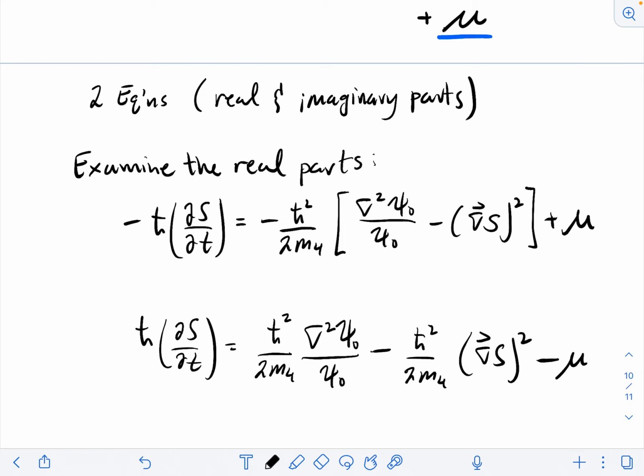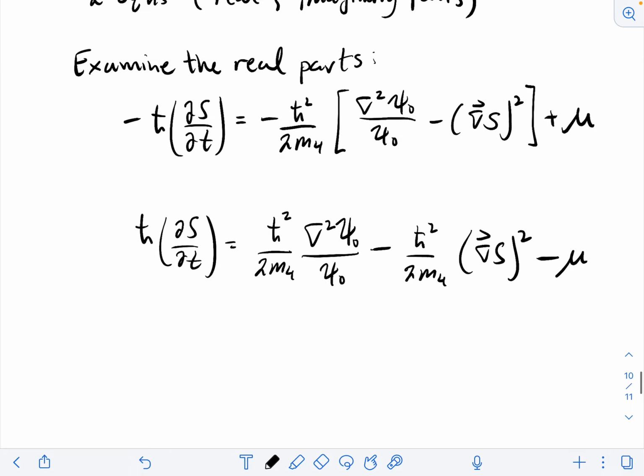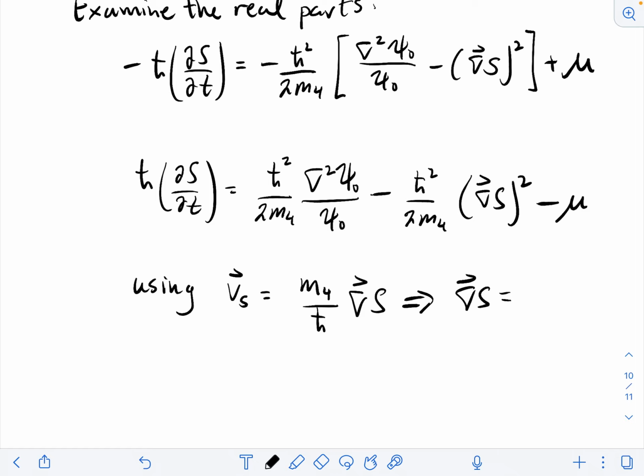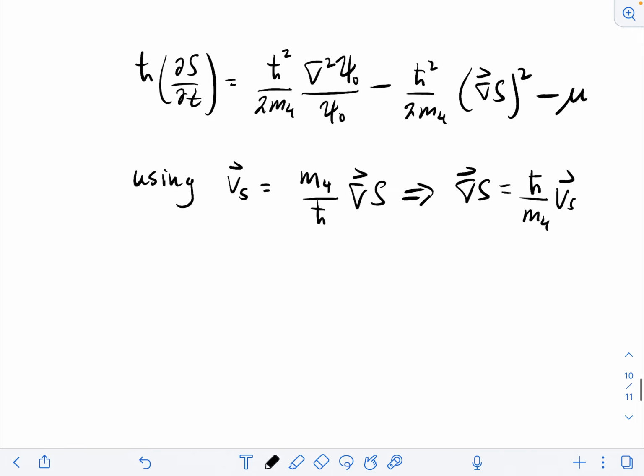Okay, we can do a little bit here. We know something about the gradient of S. So using the fact that the superfluid velocity is m₄ over ħ times the gradient of S, what we could do is write that the gradient of S is equal to ħ over m₄ times Vs. I think I've got that backwards in my notes.